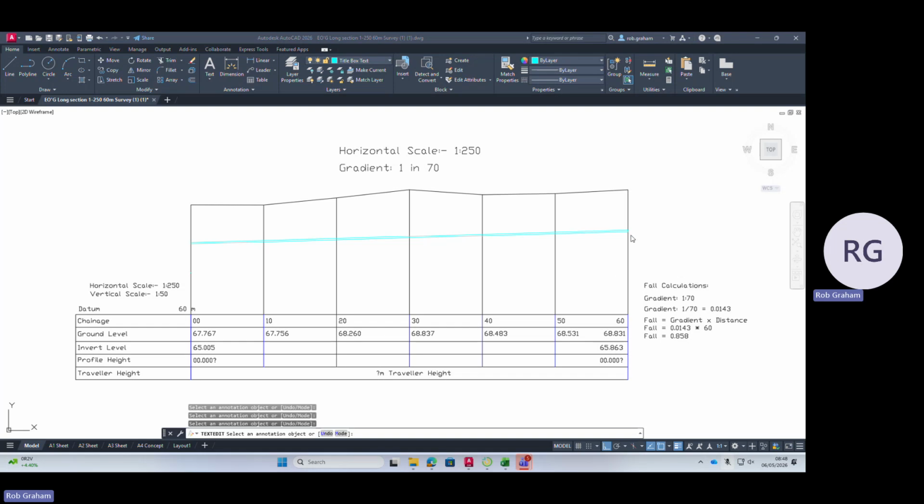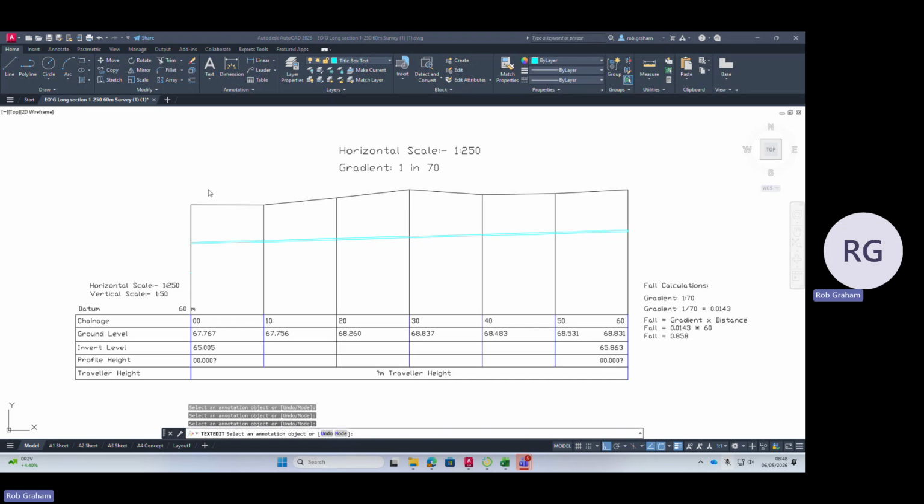The easiest way to describe the calculation of profile heights is it's trial and error, but basically we want to offset this pipe gradient to above the ground level to enable us to set it out. And there's a couple of important factors within this here.